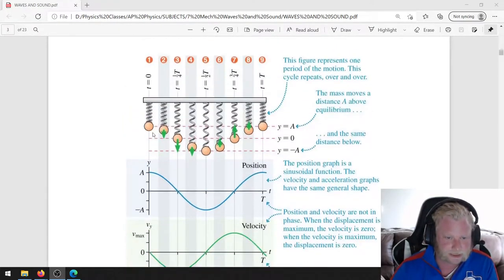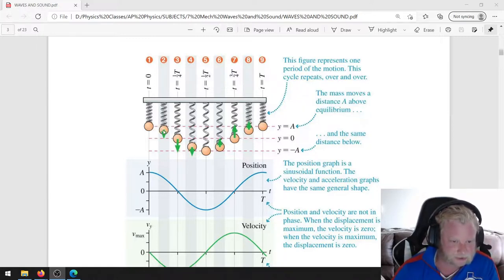So this represents the top view of a mass bobbing on a spring on a frictionless table, right? So this right here, the yellow or the y equals 0 line, that's your equilibrium position. What they've done is they've displaced that mass some distance A, your amplitude, your positive amplitude, and they release it.